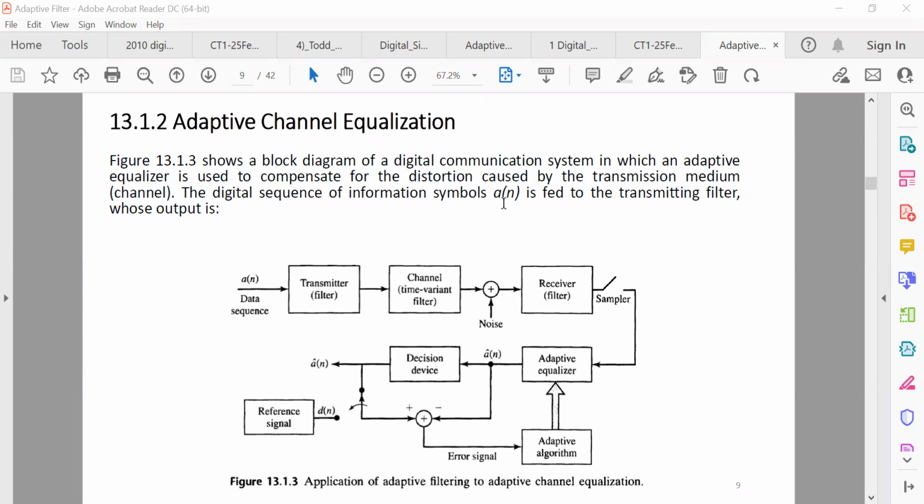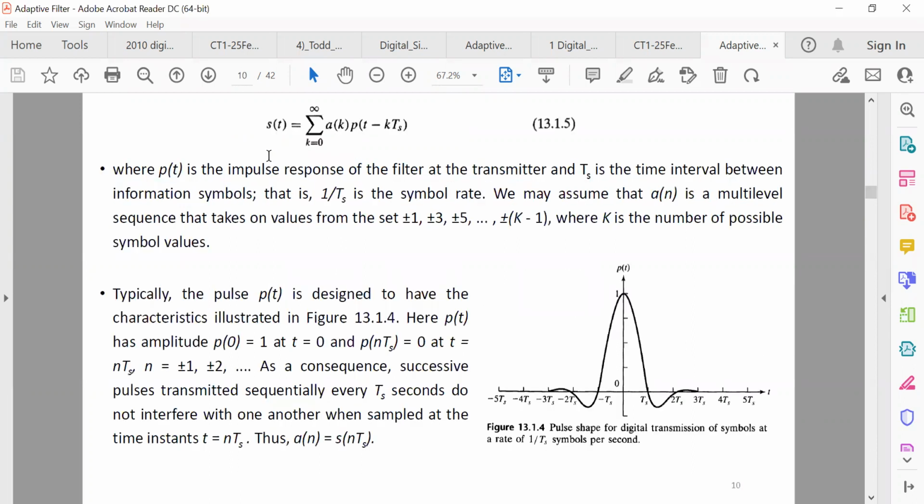Now our input signal is AN, and we get it in this transmitter. This is also a filter, so the output of the filter will be like this: s(t) equals the sum of a_k p(t minus kTs). What is this p(t)? p(t) is the impulse response of the signal, and a_k is the input signal.